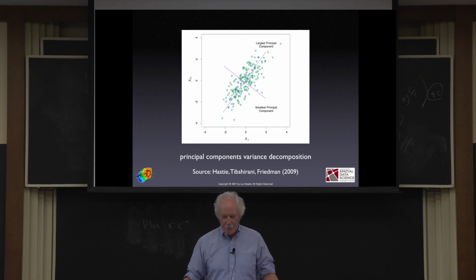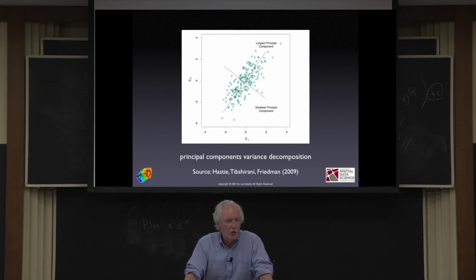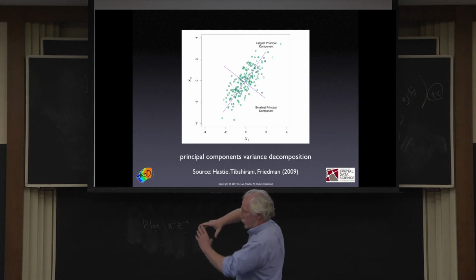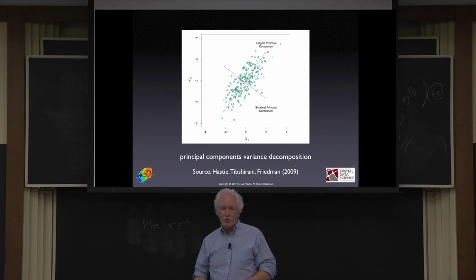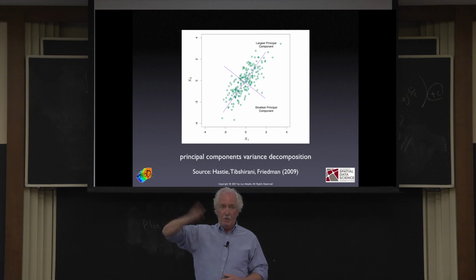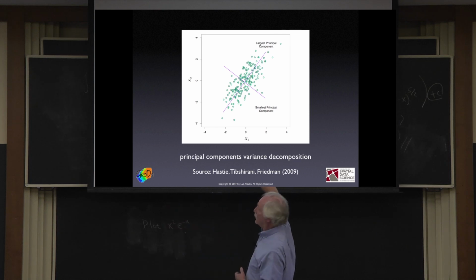So this kind of picture, again from the same book, illustrates what's going on in 2 dimensions. So you have a cloud point in 2 dimensions, and you see the first line along the elongation of the cloud point captures most of the variability. So the variability is the highest in that particular dimension.